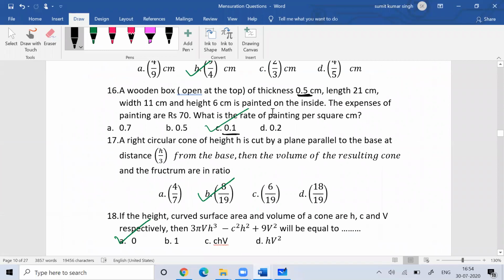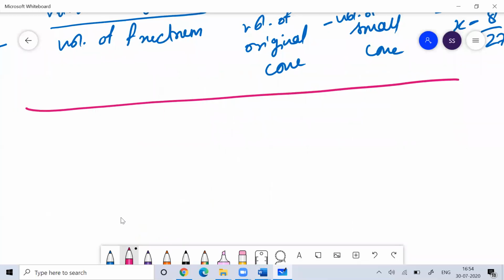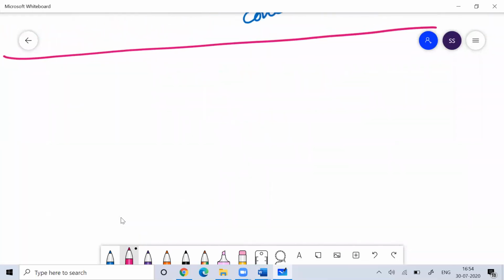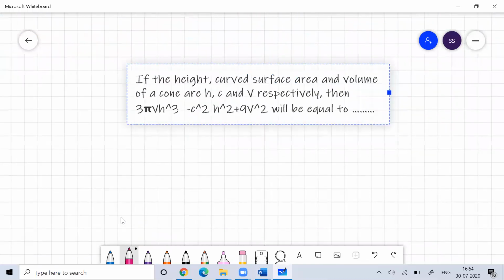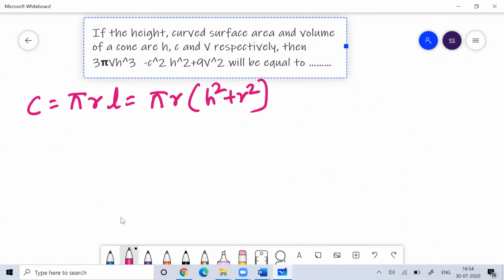Now the next thing: the height, curved surface area, and the volume of the cone are given, and you need to find this value. The height is h, the curved surface area is pi r l, that is pi r times the square root of h square plus r square, that is c.